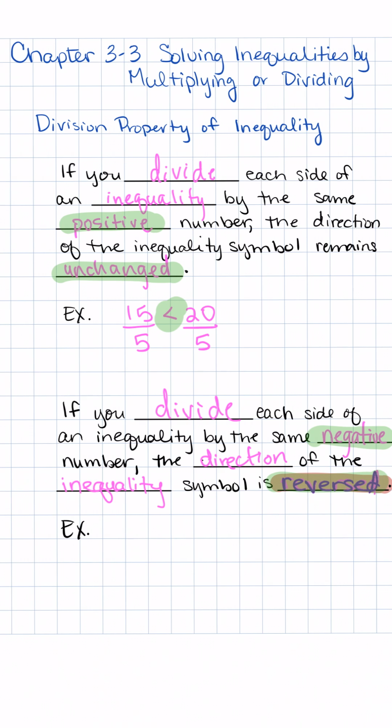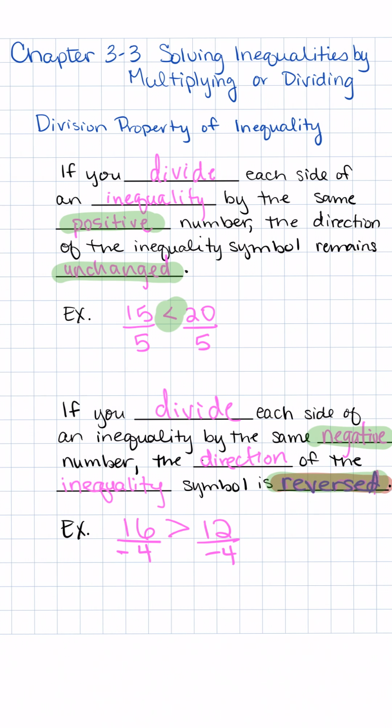Our example, if we have 16 is greater than 12, and then we're going to divide by a negative 4. That means that it gets reversed.